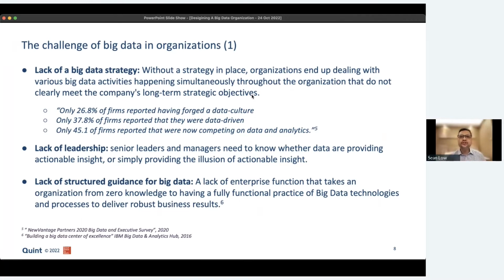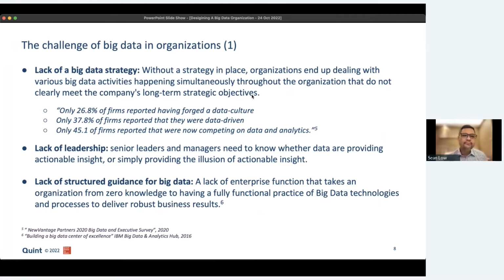In fact, some organizations don't even know why they want to do big data, right? I've spoken to some organizations who say, oh, everyone else is doing big data, we want to do it. So the first challenge is always that lack of big data strategy, not having a strategy in place to actually drive big data. And we'll talk about some guidance to help form this.